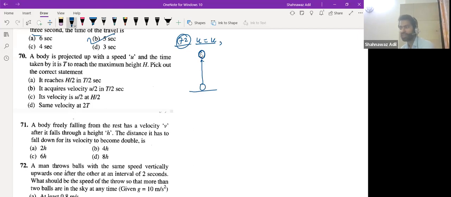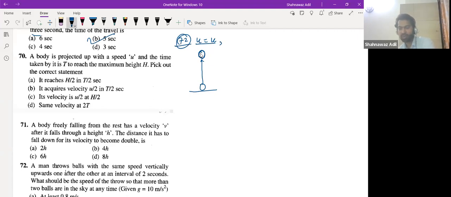You are throwing the object upwards, so the speed will gradually decrease, and it will reach a certain point.